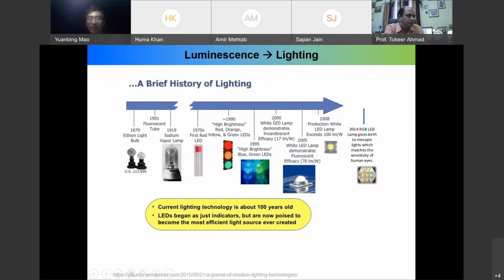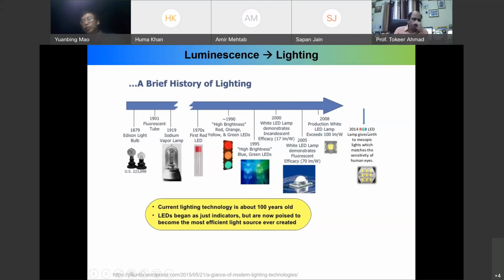Then in the 2000s, white LED lamps demonstrated incandescent efficacy, and that's when they started to be used for our real lighting. In 2005, white LED lamps demonstrated fluorescent efficacy of about 70 lumens per watt. And then in 2008, production white LED lamps exceeded 100 lumens per watt.